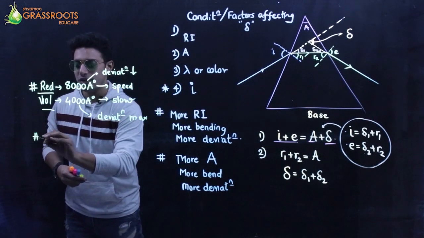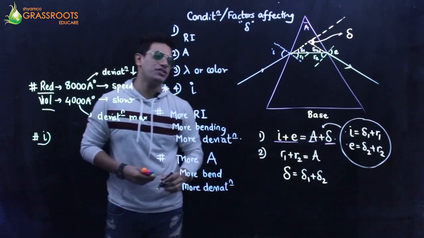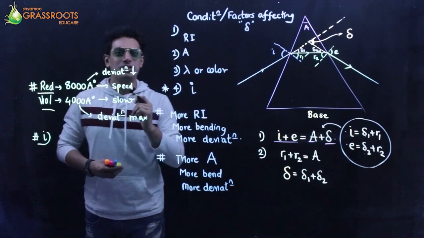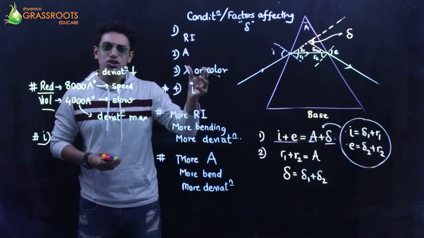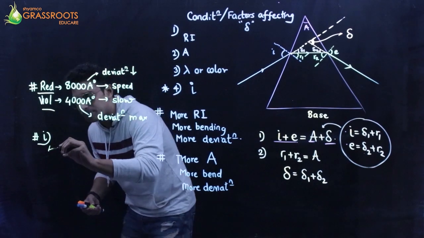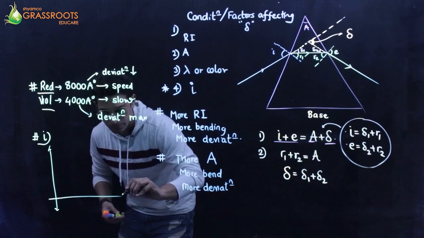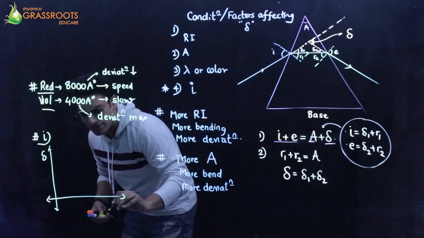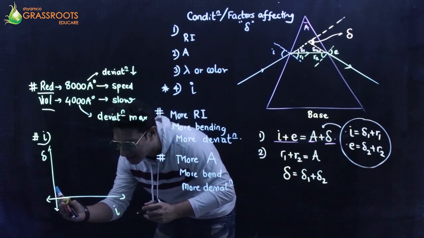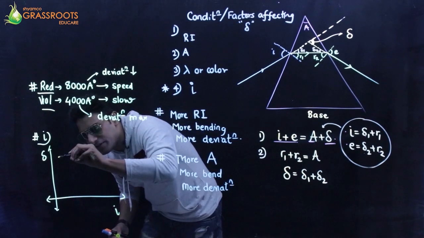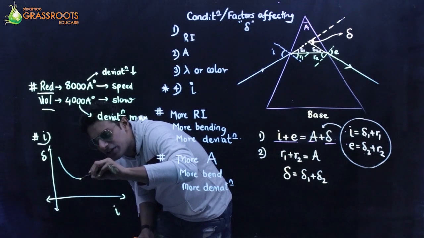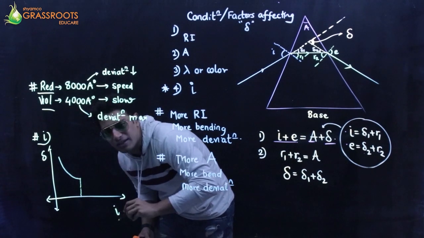And the last portion, it is the angle of incidence. Now that's important, that's crucial. Remember one thing, with angle of incidence, the angle of deviation changes in a peculiar manner. First, check. Now this is angle of deviation and this is angle of incidence. Look what happens. As the angle of incidence increases initially, the angle of deviation keeps on decreasing. At a particular point, we reach a minimum deviation for a particular angle of incidence.